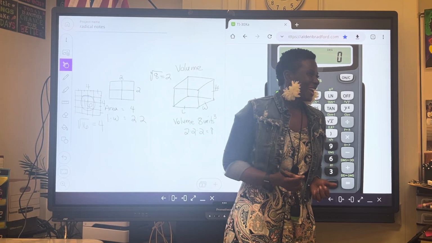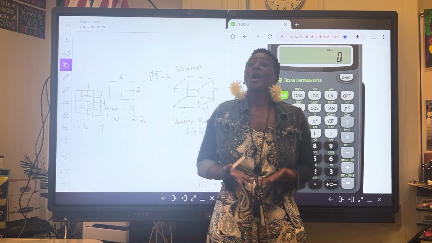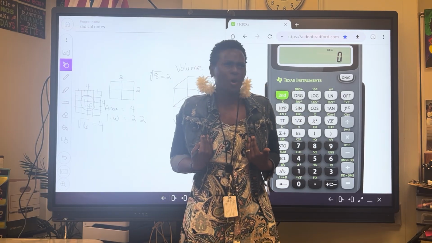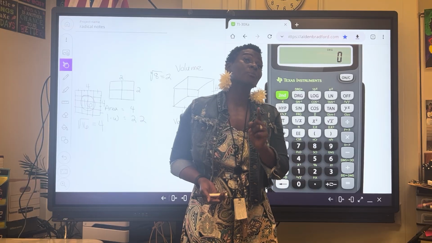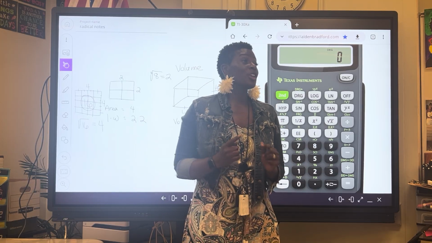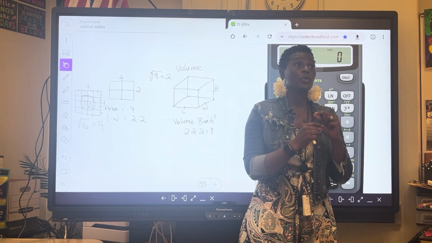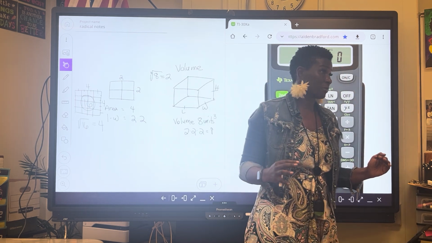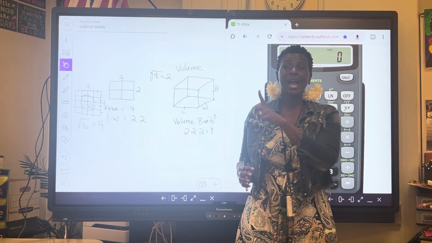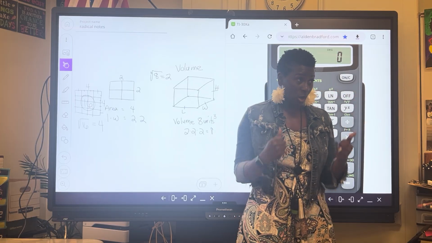But everybody else got it wrong on purpose because I knew it was going to be wrong, right? But there are sometimes if you're able to simplify a radical, then you get more points for that. It's worth a higher level of points than it would be if you can't simplify it, right? So I want to make sure you guys understand how to simplify a radical. Are you all good with me?